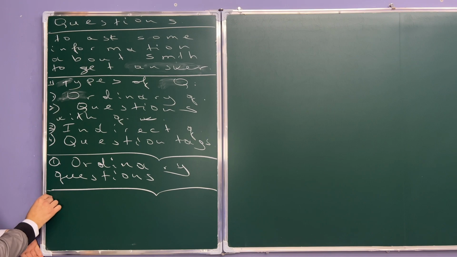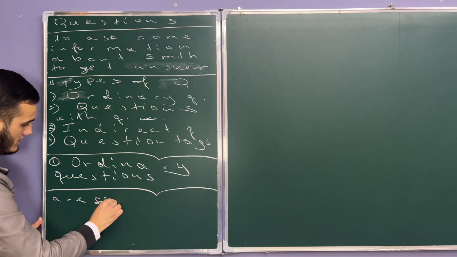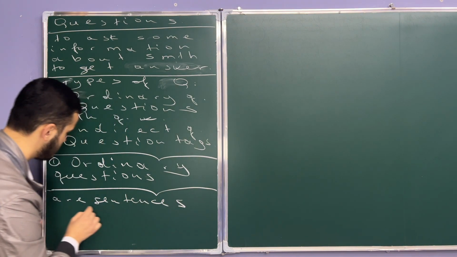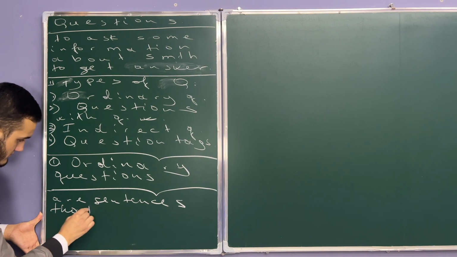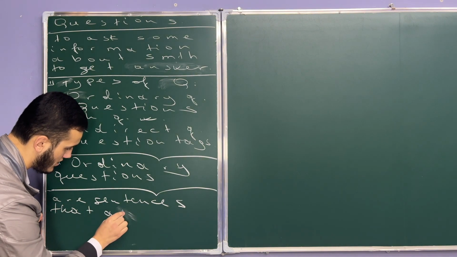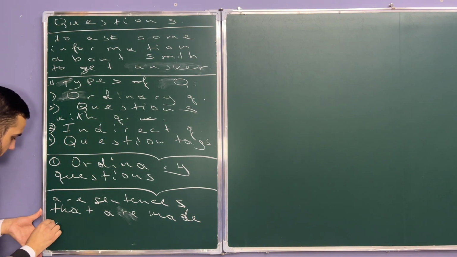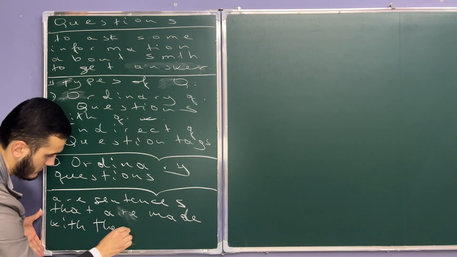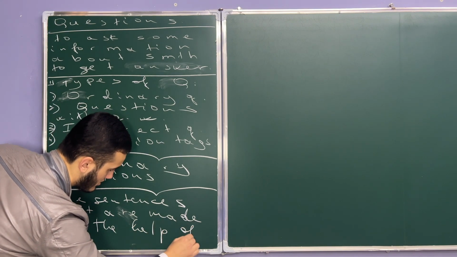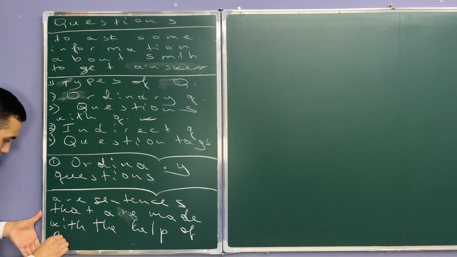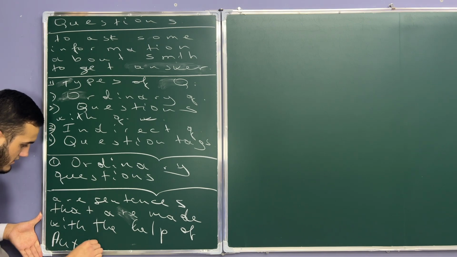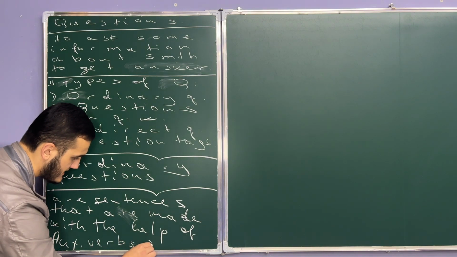Ordinary questions are sentences that are made with the help of auxiliary verbs and modals.